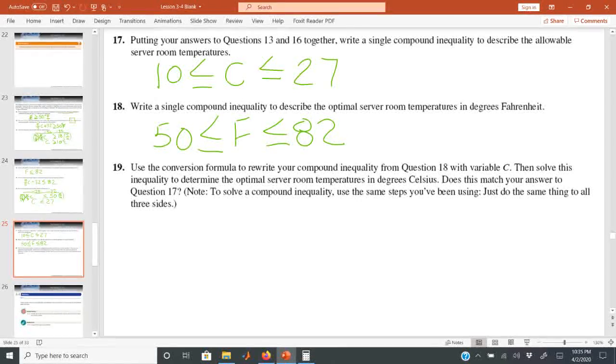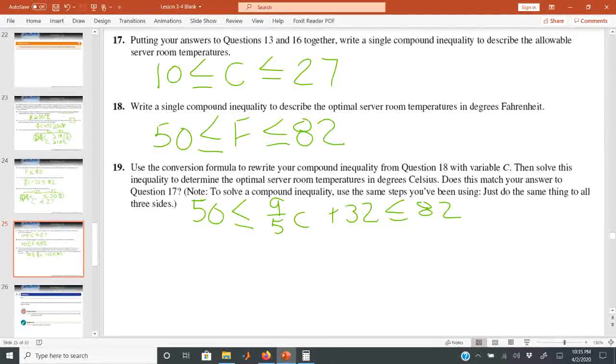So we're going to start with our 50 less than or equal to, instead of F, I'm going to put 9/5 C plus 32, which has to be less than or equal to 82.